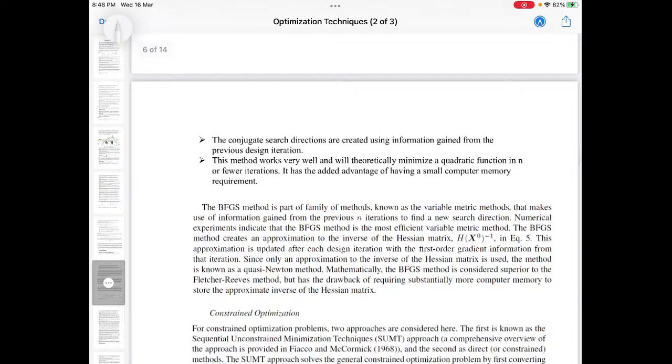The conjugate search directions are created using information gained from the previous design iteration.